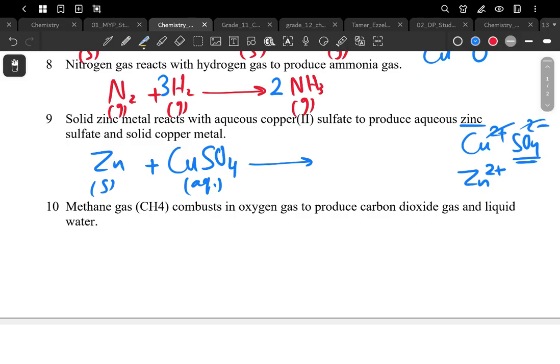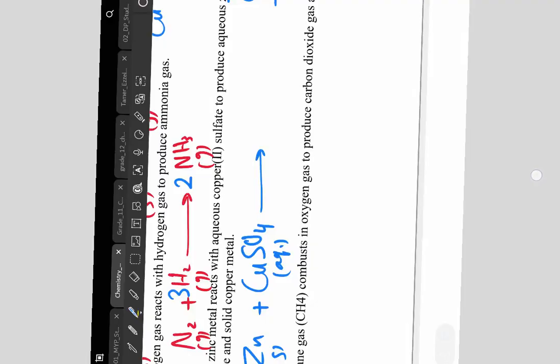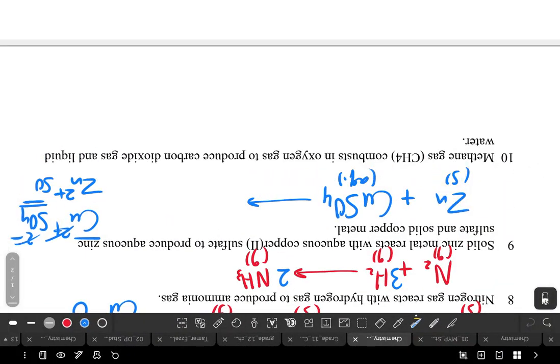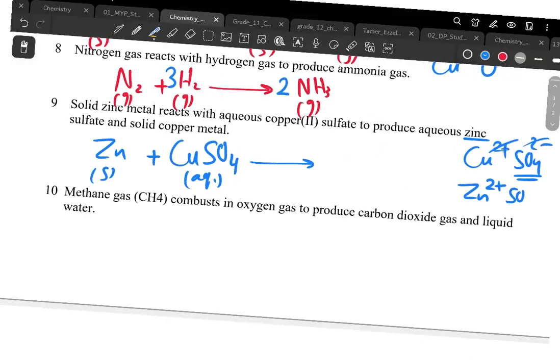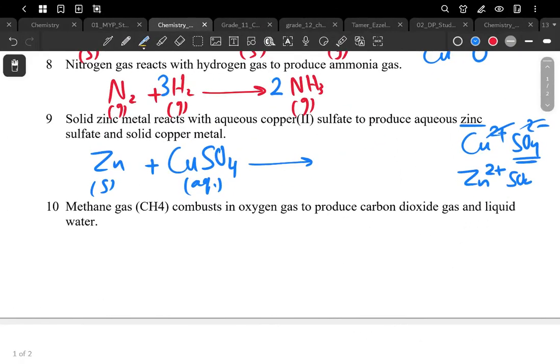So zinc is 2 positive, and sulfate is 2 negative, so they cancel each other. So in this case, it's zinc sulfate plus copper. This is actually an aqueous solution of zinc sulfate, and the copper is solid.